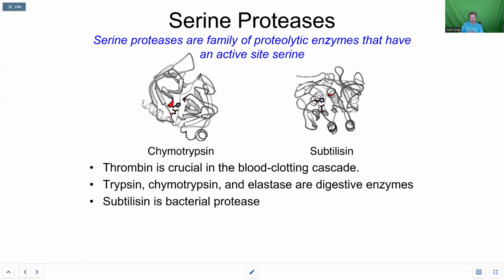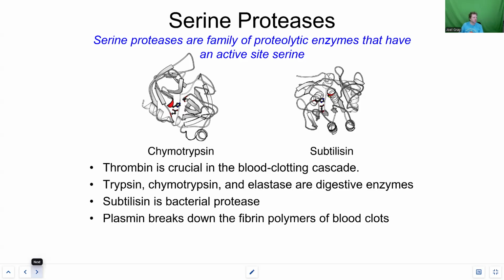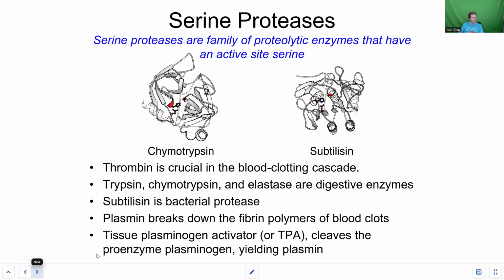It's TPA or tissue plasminogen activator. So that's a drug that activates a protease. Now, plasmin is also a serine protease that breaks down fibrin polymers of blood clots. And here we go. Tissue plasminogen activator, or TPA, cleaves the proenzyme plasminogen to yield plasmin.